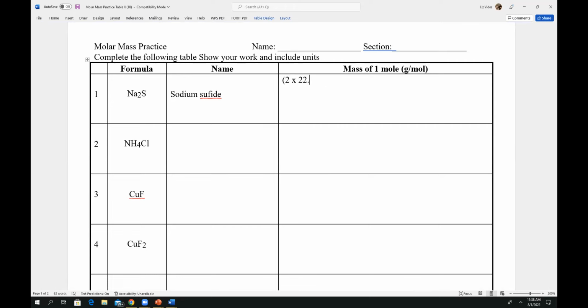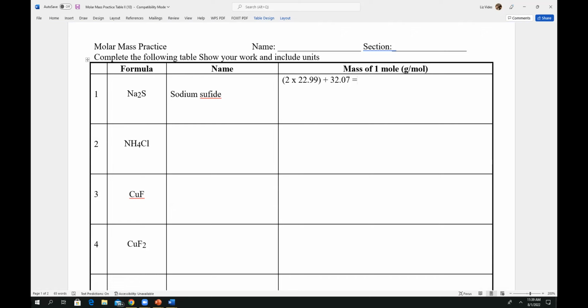We're doing mass, and mass is very particular. Okay, so that's the sodium, and then you're going to add the sulfur, which is 32.07, if I'm not mistaken. Yeah. And then that's going to give you the number, which I have my calculator.